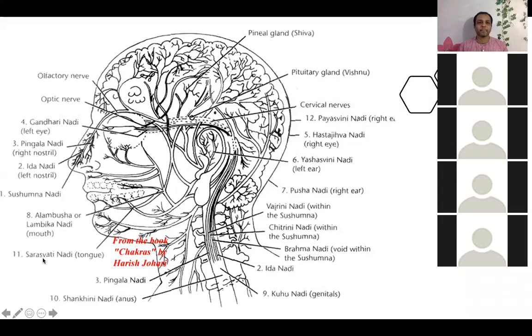Okay, here. Now, for example, in our brain area, these are the important nadis. There is the olfactory nerve, optic nerve, pituitary gland, you can see. Here it explains all the nadis eventually go to the brain.